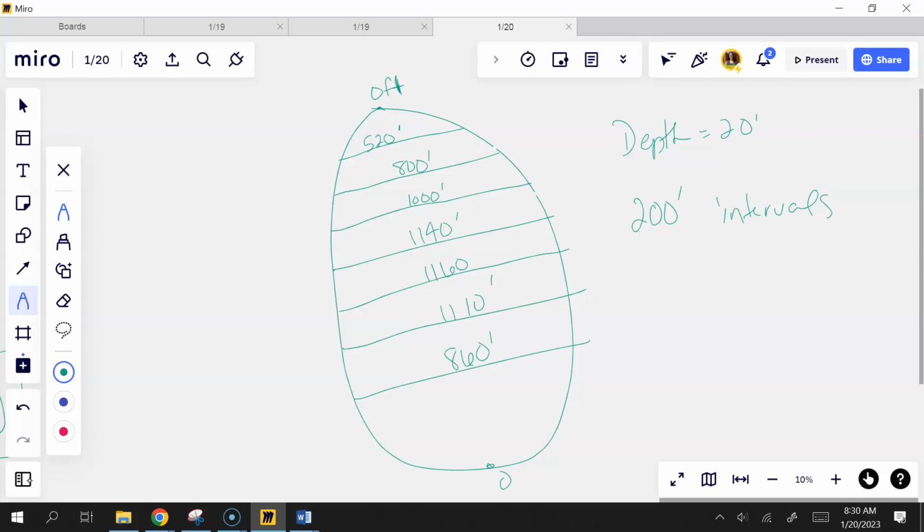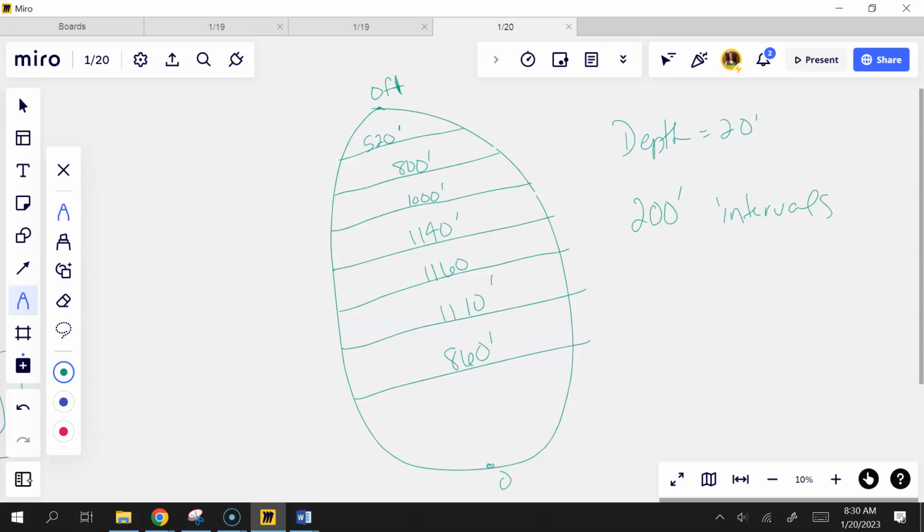What should I do? I see the average depth of the pond is 20 feet.